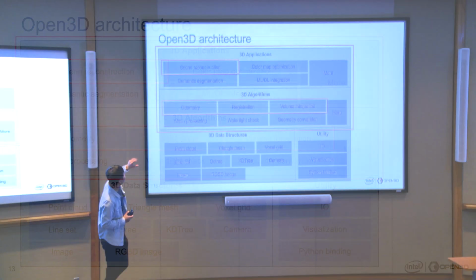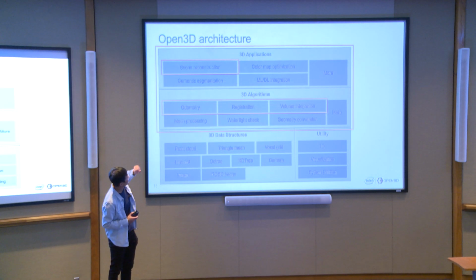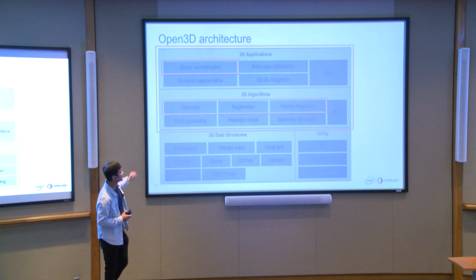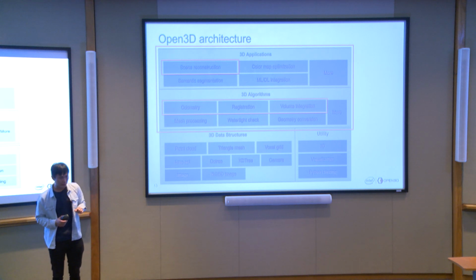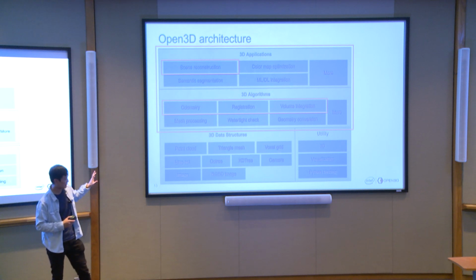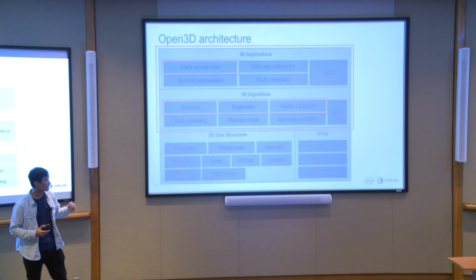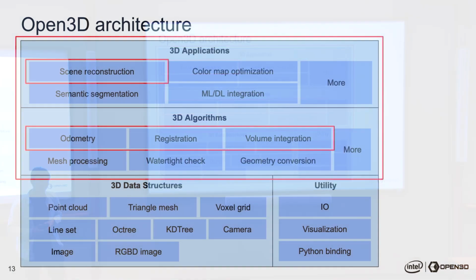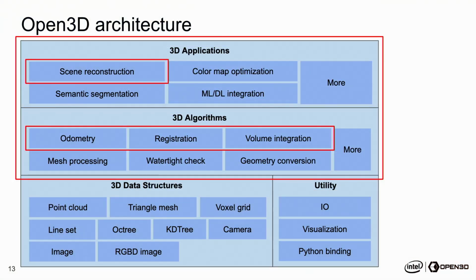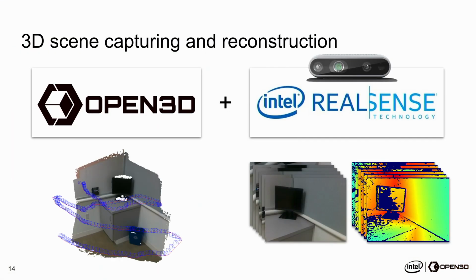Next, let's go to the applications and algorithm part. In this section, we're going to show a full reconstruction pipeline using Open3D plus a RealSense camera. The camera that we use is the RealSense 415, which is the narrower, higher precision camera.